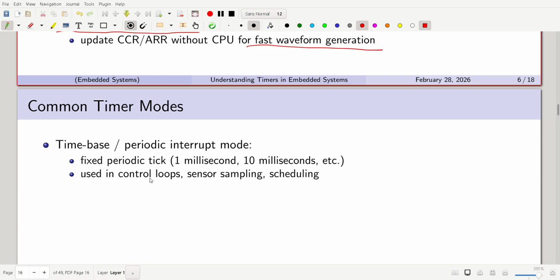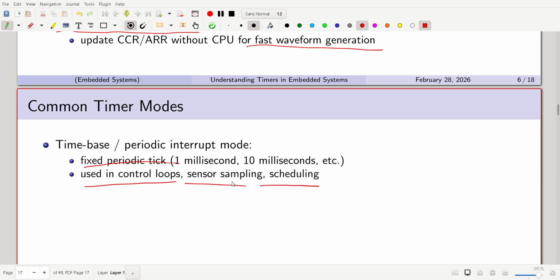Common timer modes. Time-based periodic interrupt mode gives a fixed periodic tick. Based on the setting, we can decide the time, 1 millisecond or 10 millisecond, and accordingly it will repeat. It is used in control loops, sensor sampling and scheduling.